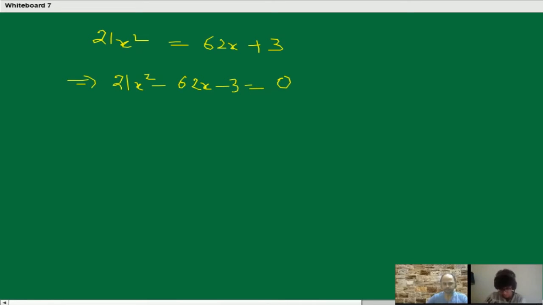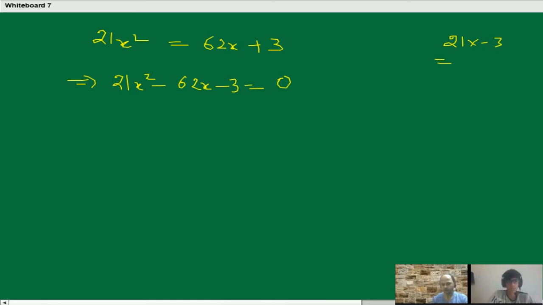I'm confused a little bit here with what to do next because of the numbers. So the same approach here: have you multiplied 21 and negative 3? No, I didn't multiply it. Oh yeah, I got that.